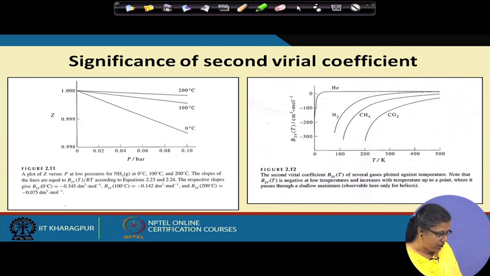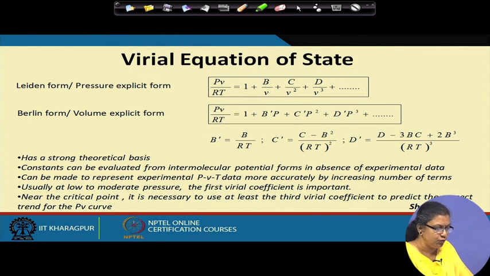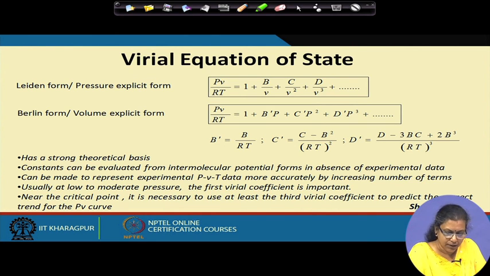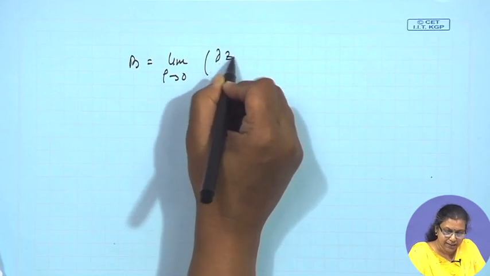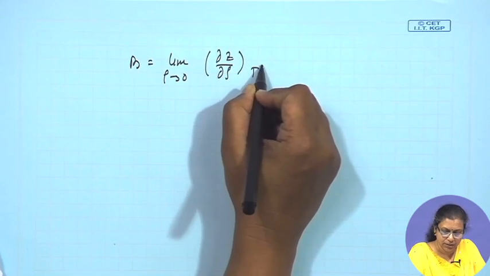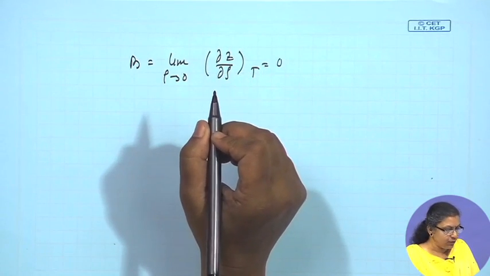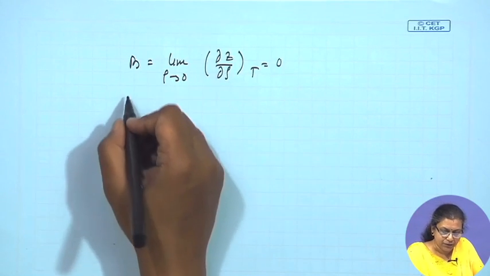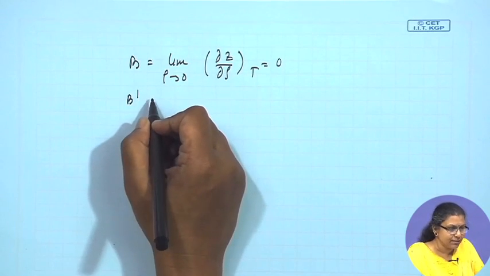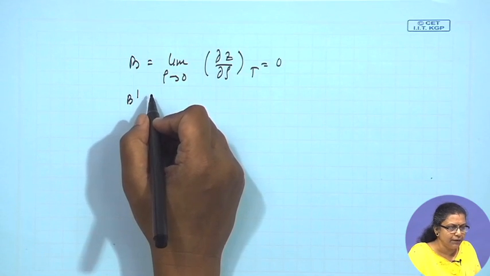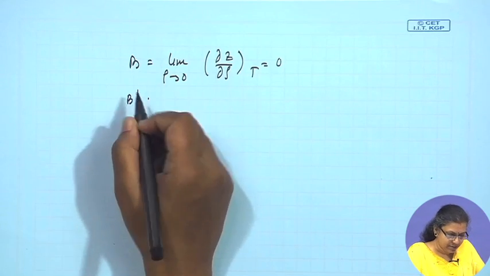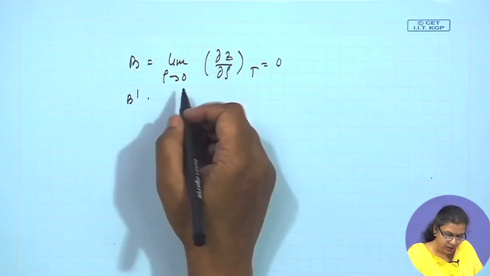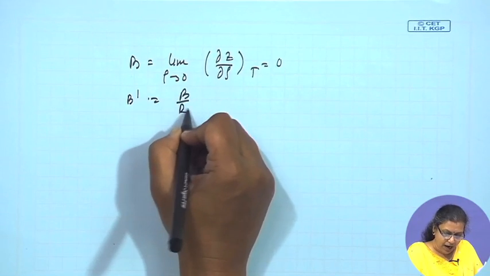First thing is, if you take up this equation, you find that B is simply the limit as rho tends to 0 of del Z del rho at constant T. And we know the relationship between B and B prime: B prime is equal to B by RT, fine.